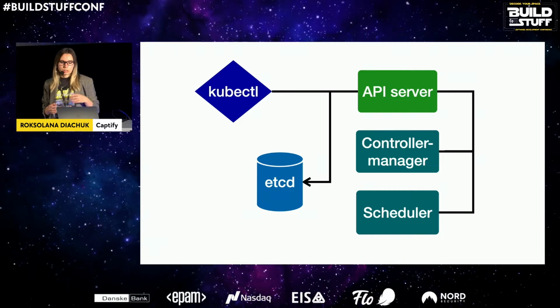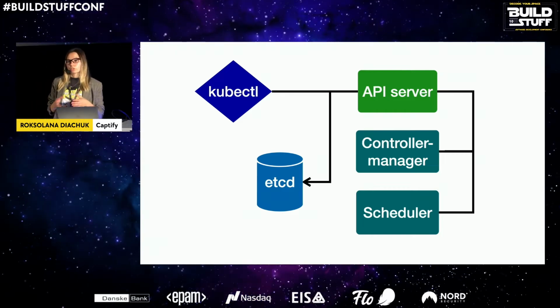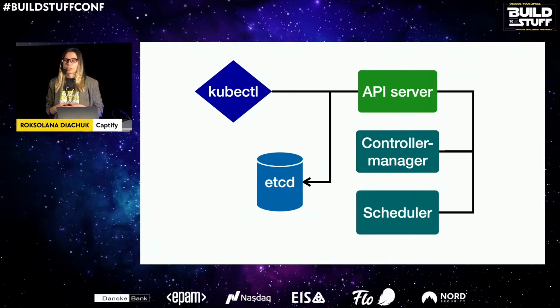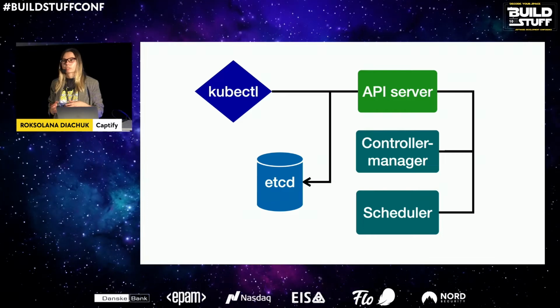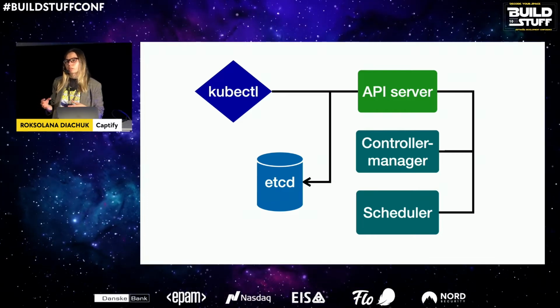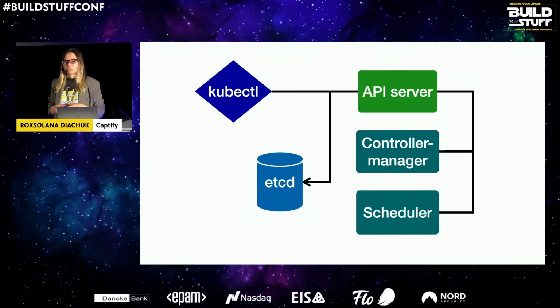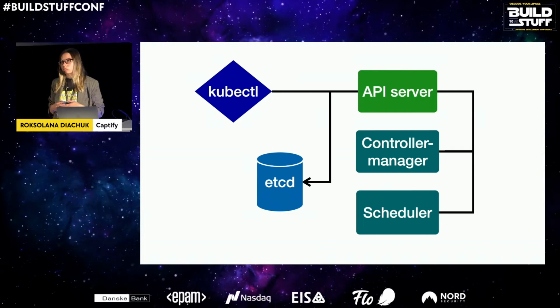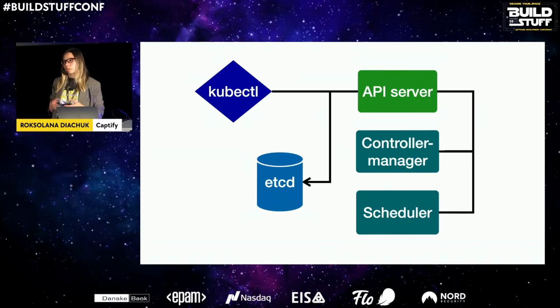Also, there is etcd, which is a persistent key value store. Persistent means that it's not tied to the life cycle of the object it connects to. So if this object somehow gets deleted or disappears, we still have the data.